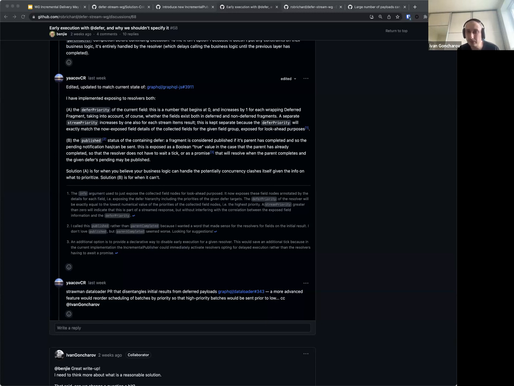One potential solution, especially since what we basically discovered is that some people want to take advantage of it and use it: speaking about reference implementation, can we have a flag, or something where when you specify a resolver, you say this resolver can be called with early execution?